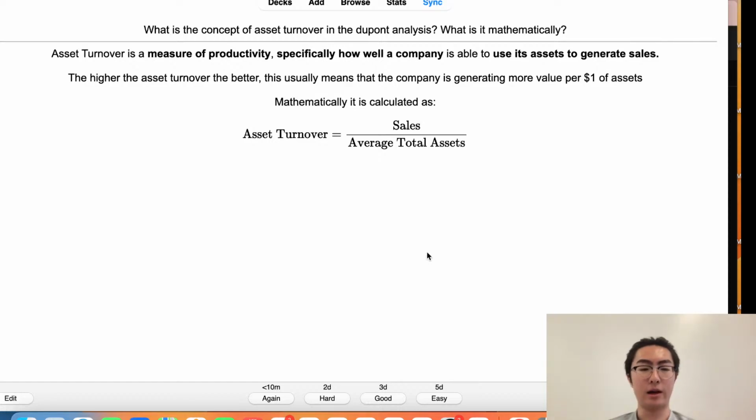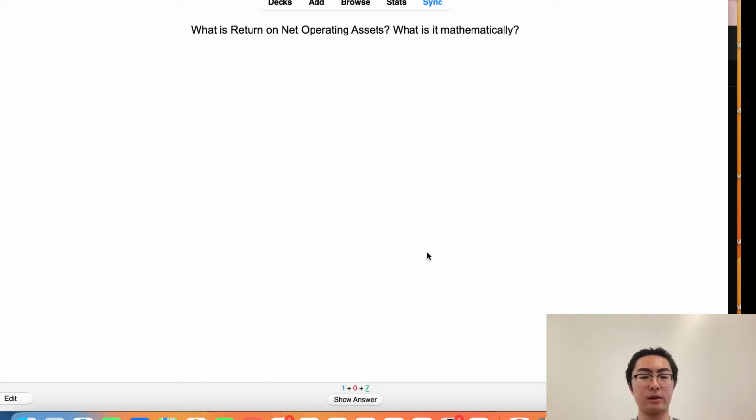Okay, yeah, so our asset turnover, that's good. What is return on net operating assets mathematically? Return on net operating assets is another way of thinking about the DuPont analysis.